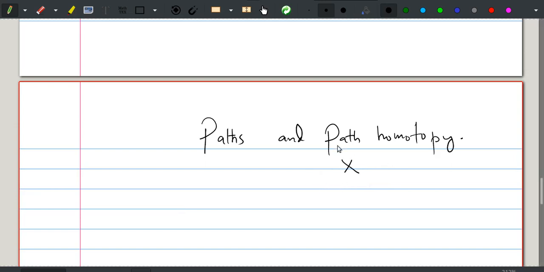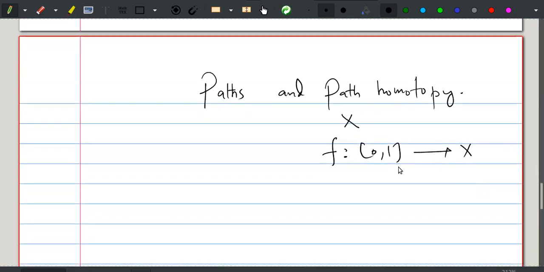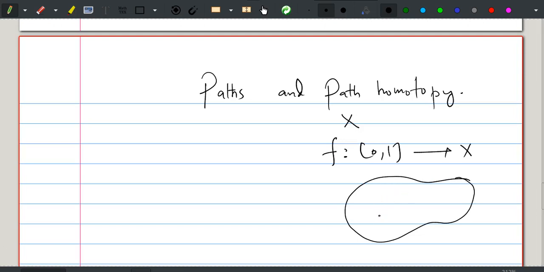Suppose we have a topological space X, then by a path in X we mean a continuous map from the interval [0,1] to X. So if this is over X, then this is a path, a continuous map.